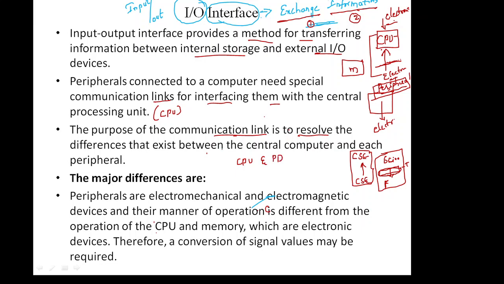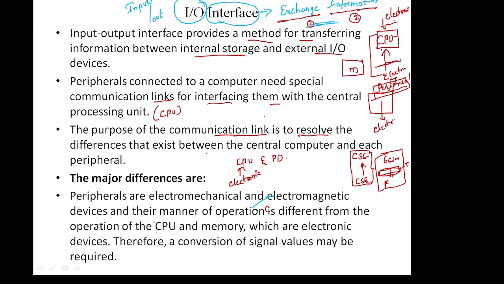What are the differences? There are many differences. We are going to study the differences that a CPU and a peripheral device have. The first and foremost difference is that the CPU is an electronic machine.